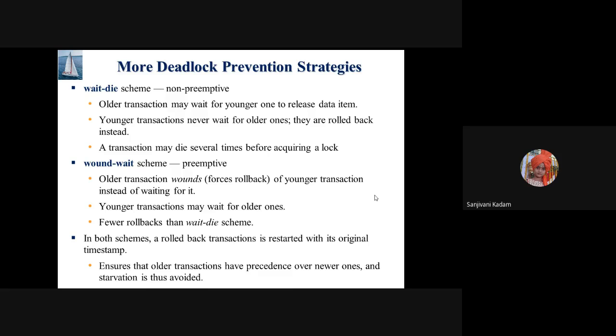This waiting is not possible in the wait-die scheme. So in that case, T2 will get aborted or rolled back. And the drawback is that a transaction may die several times before acquiring a lock on B. So this can also be a condition.